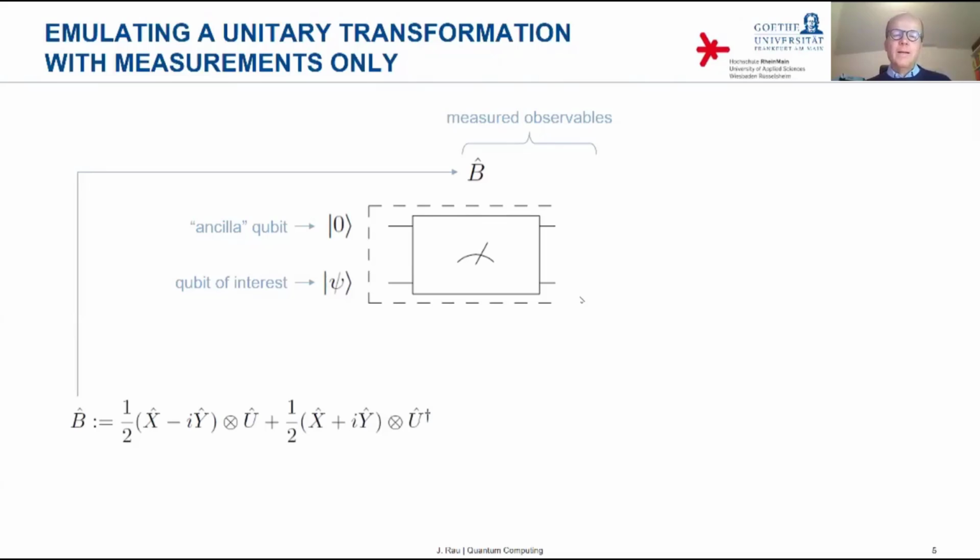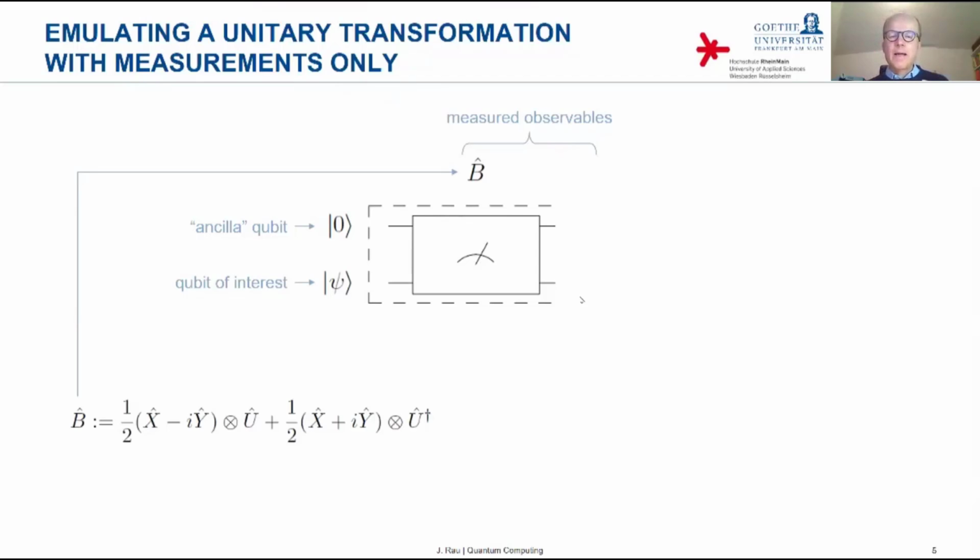And specifically, this two-qubit observable that we measure has this particular form. It's the sum of two terms. Both terms are tensor products of operators. And the first term is, with a 1/2, the Pauli x minus i Pauli y operator.